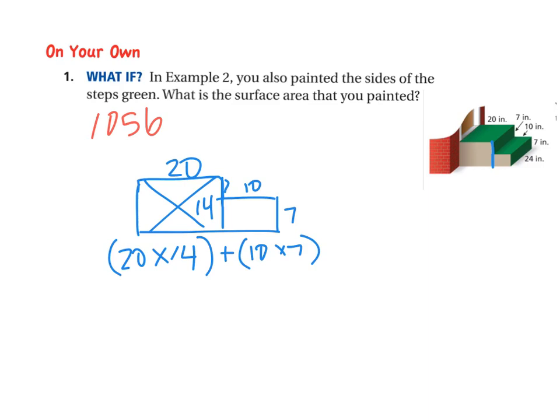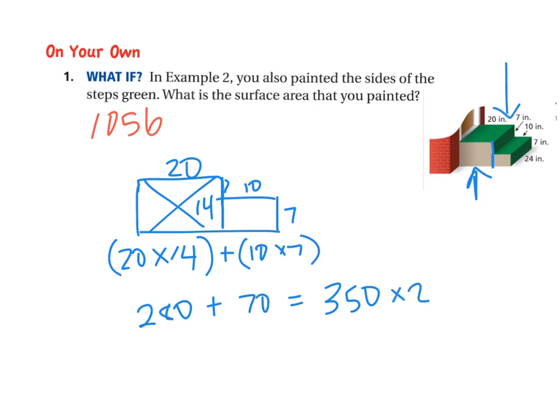So 20 times 14 is 280, plus 10 times 7 would be 70. That gives you 350. So 350 is for that front face. But remember, there's another side to this set of stairs, so we need to multiply that times 2 to get 700.